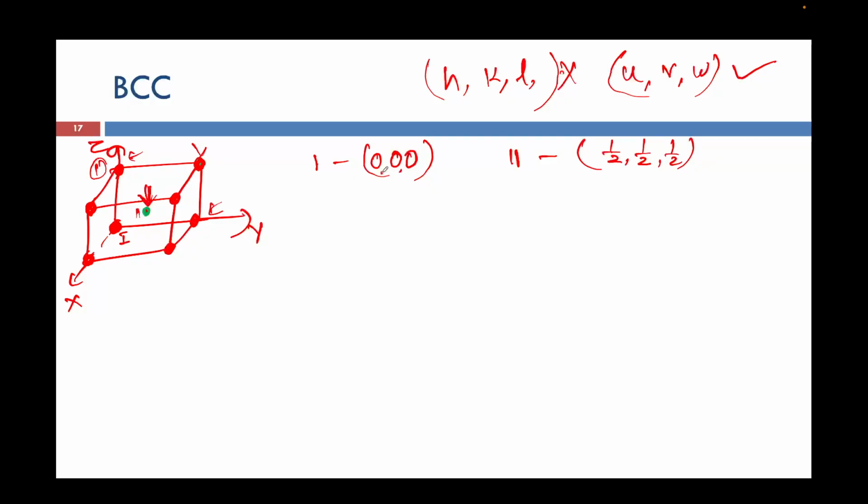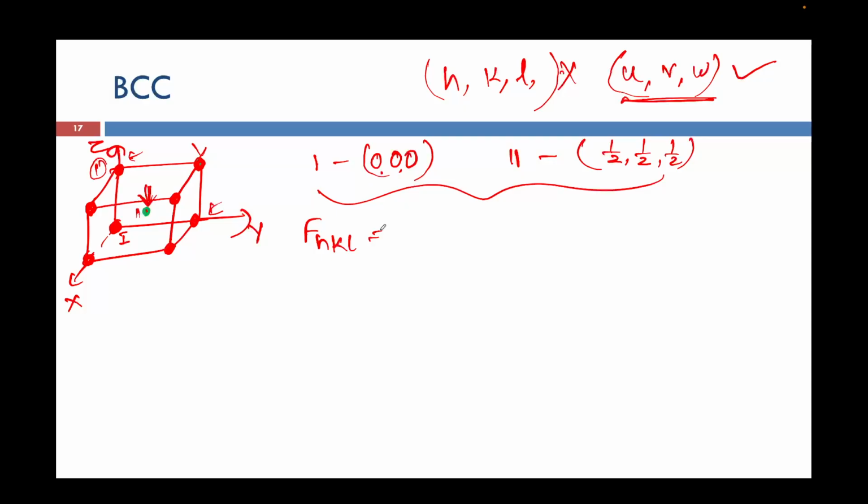So these are the two different positions where my atoms can sit in a BCC lattice, and due to the difference in position, their scattering ability will be different. So these are the two values of UVW you have to consider while calculating the structure factor for BCC.